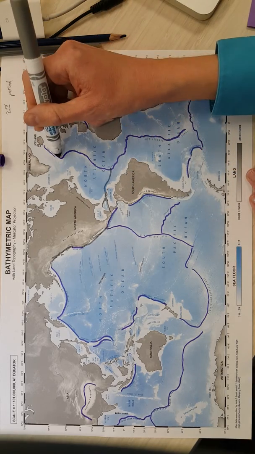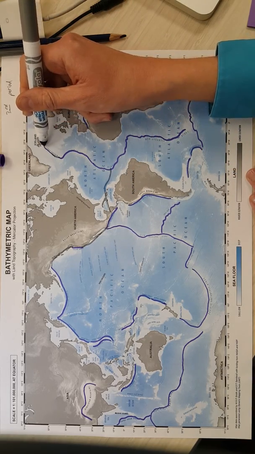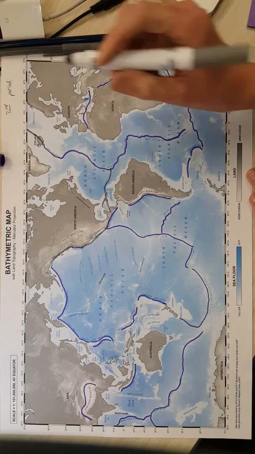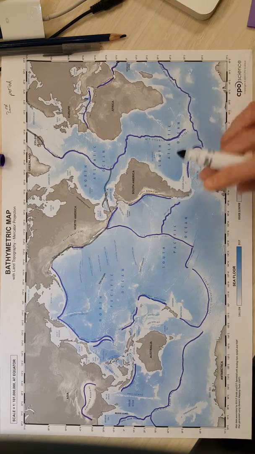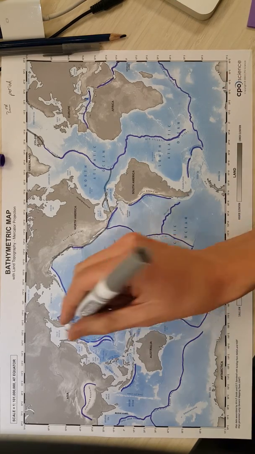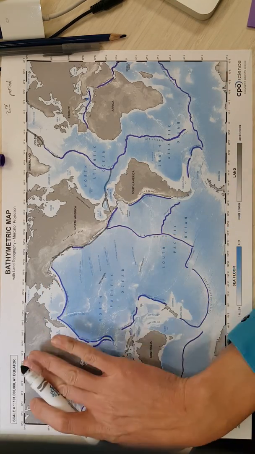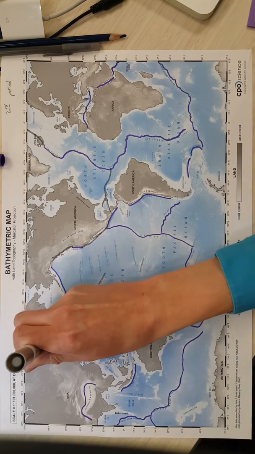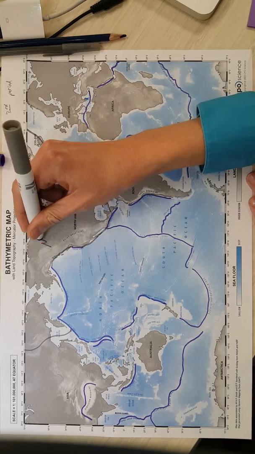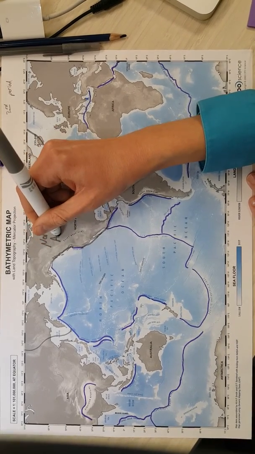And up here, we'll continue that. This line goes right through Iceland. Iceland is actually being split apart right now by that movement of the plates. And over on the other side, it's going to continue through, and there's a mountain range here in Russia that it goes through. So it's something along these lines. And this is the North American plate.